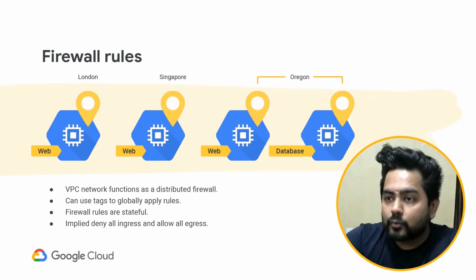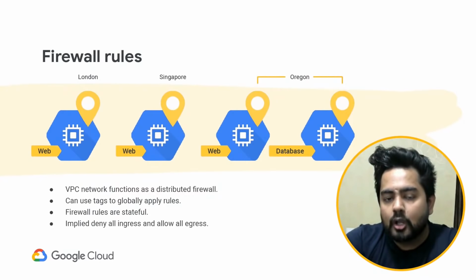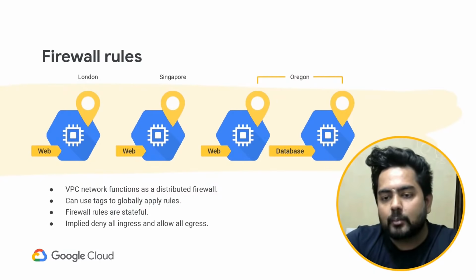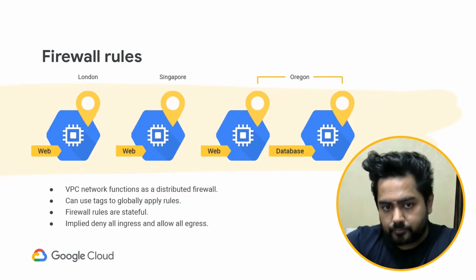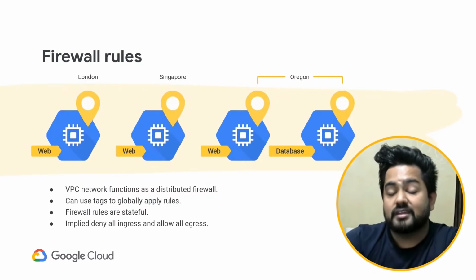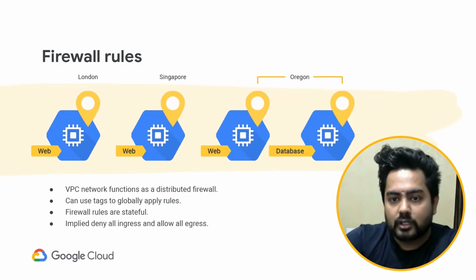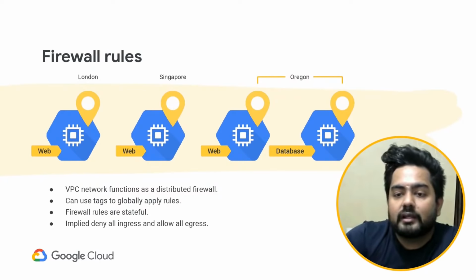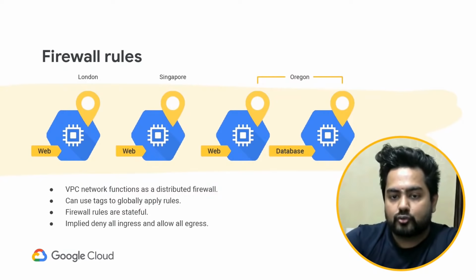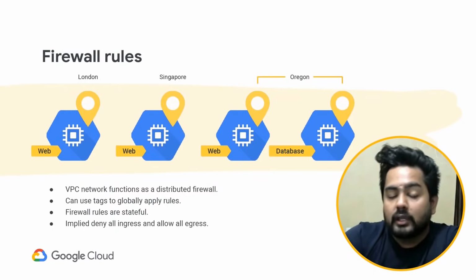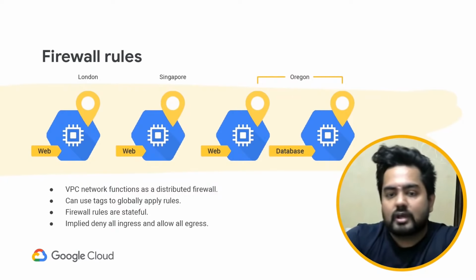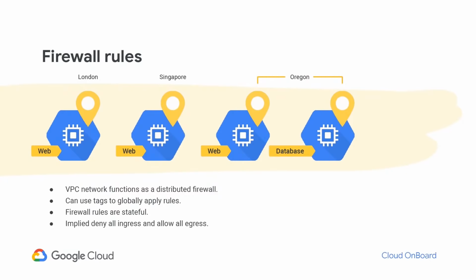And one more important thing before we move on: all networks come with some implicit rules. That means that in the absence of a firewall rule in a network, there is still an implied deny-all ingress rule. By default, all ingress traffic is denied, and all egress traffic is allowed.